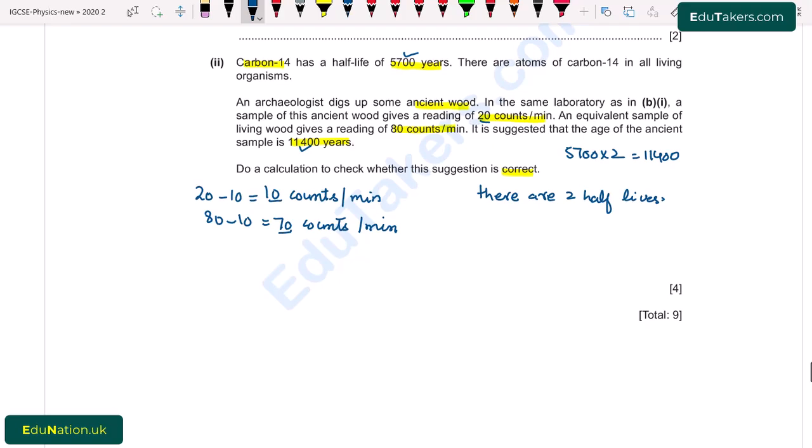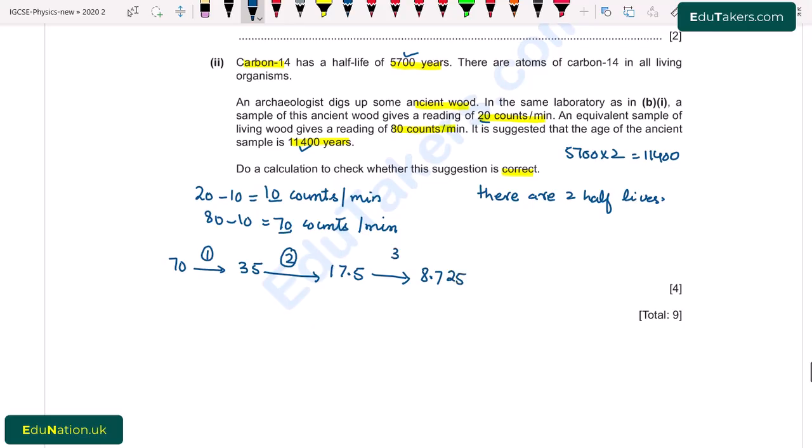First of all, I check for 70 counts per minute. In the first half-life, half of this will decay and the remaining will be 35. It is the first half-life. And again in the second half-life, it remains 17.5. Because this number 17.5 is greater than 10, there is also another half-life. So it decays and gives 8.725 counts per minute.